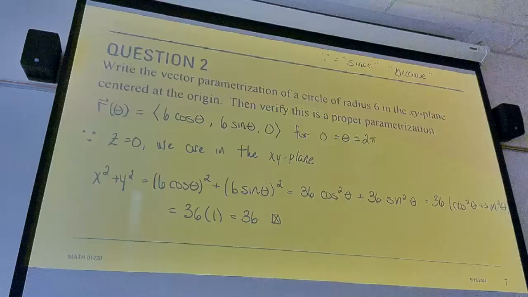Is this the only parameterization? No, if you open it up to different coordinate systems, right? Ignore the coordinate system.